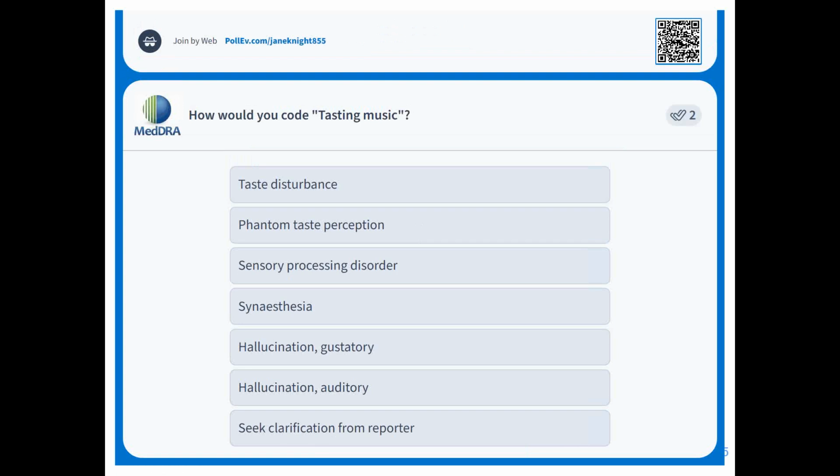Taste disturbance, phantom taste perception, sensory processing disorder, synesthesia, hallucination gustatory, or hallucination auditory, or would you seek clarification from the reporter? What would you do? Because you would seek clarification because you think that this is an incomplete report, something has been missed here and needs clarification.